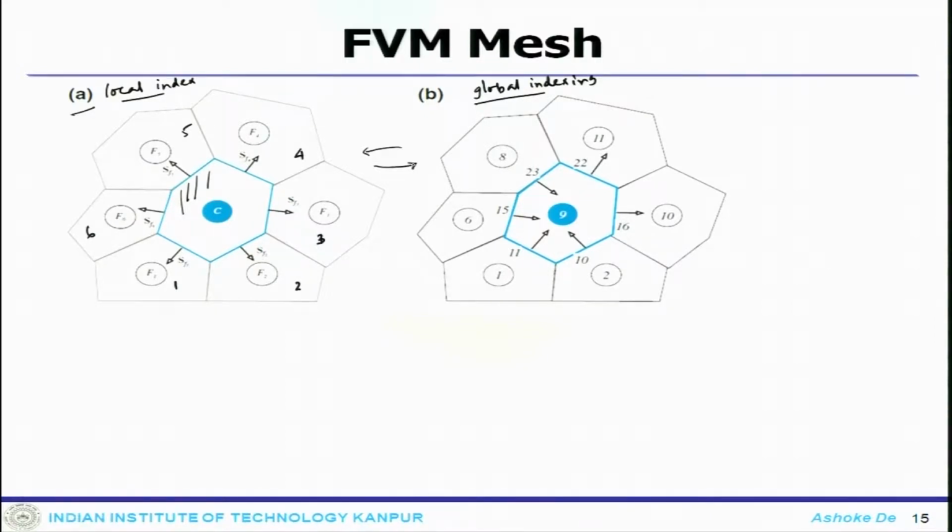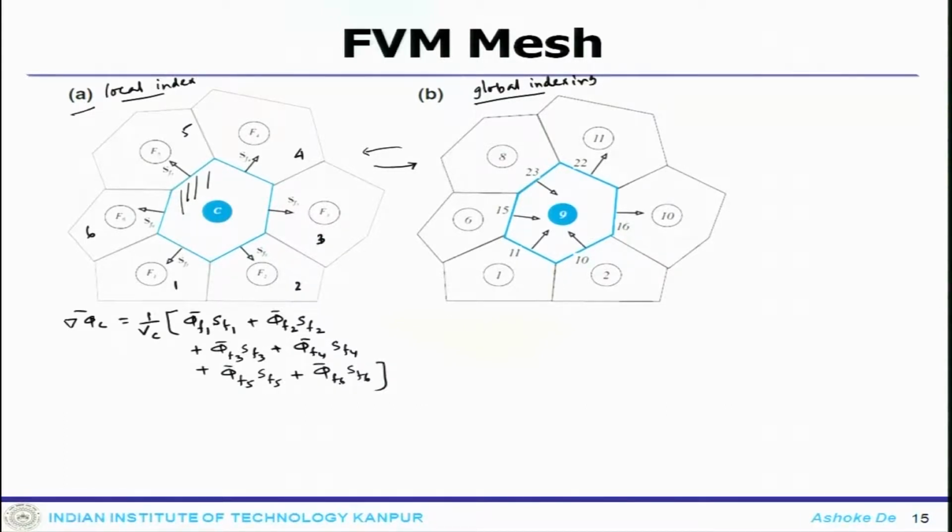Now, if you do the calculation of the gradient for this local indexing here, this will be 1 by Vc, okay, and I need to calculate phi F1, Sf1 plus phi F2, Sf2 plus phi F3, Sf3, phi F4, Sf4 plus phi F5, Sf5 plus phi F6, Sf6.